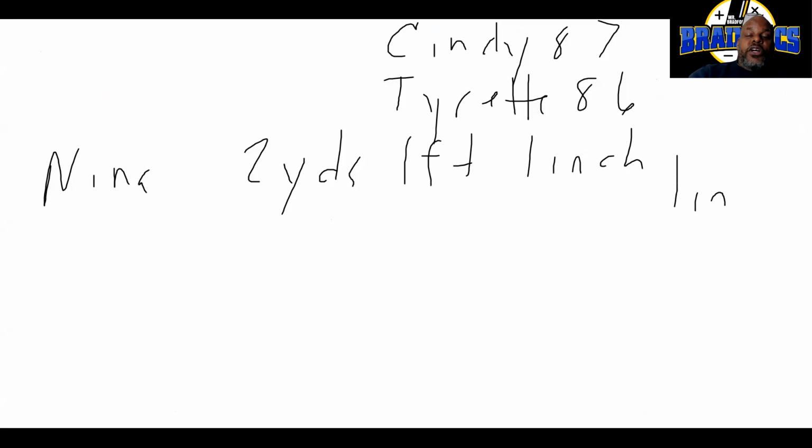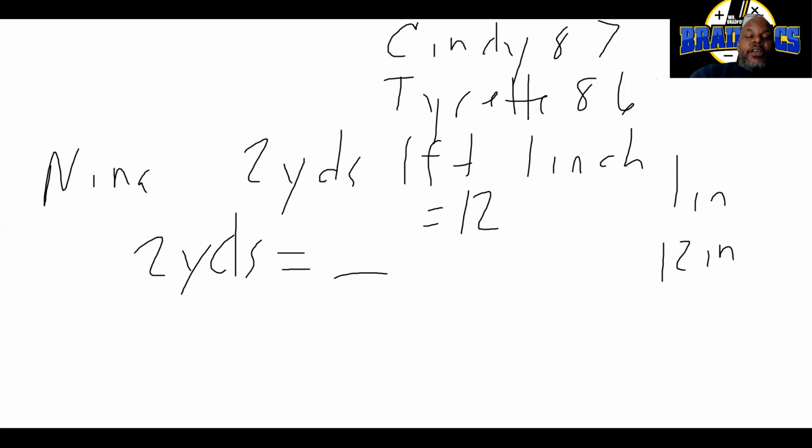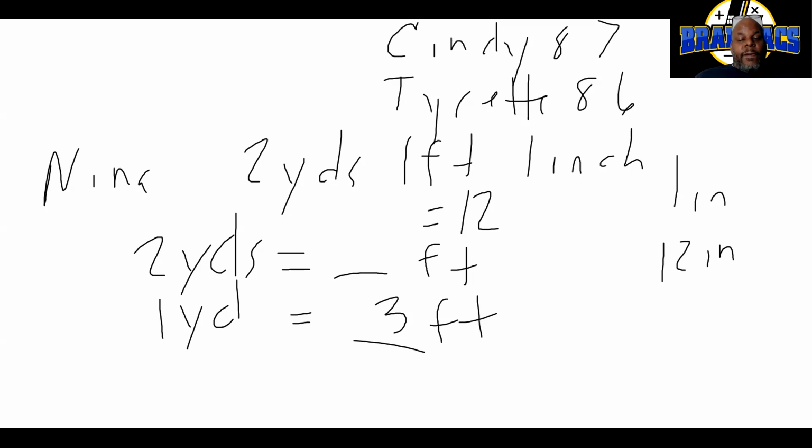We know that 1 foot is equal to how many inches? 12. 12 inches. And we know what? 2 yards is equal to how many feet? Well, we got to remember 1 yard is equal to 3 feet. So if 1 yard is equal to 3 feet, remember we're going from larger to smaller, so we're going to multiply 2 times 3 equals 6 feet, right?